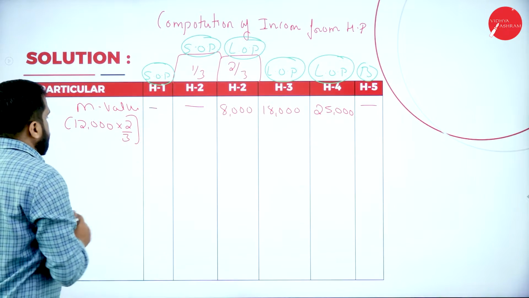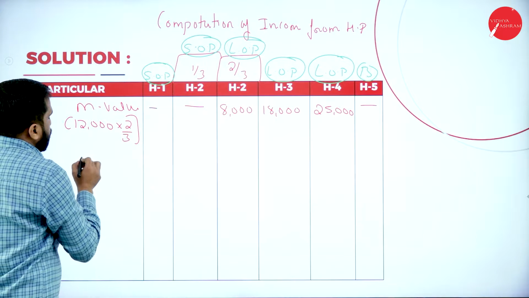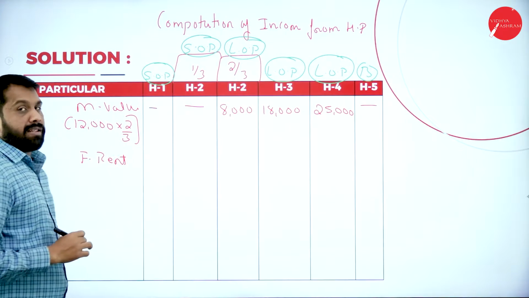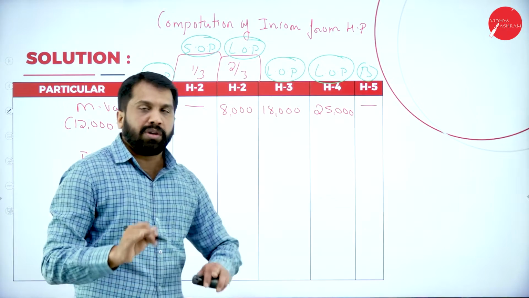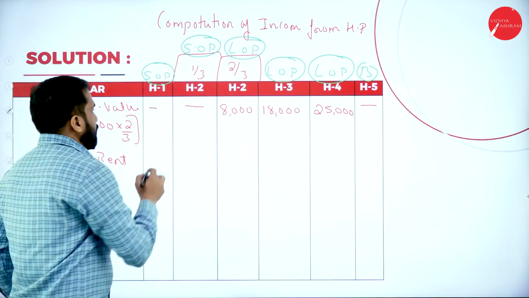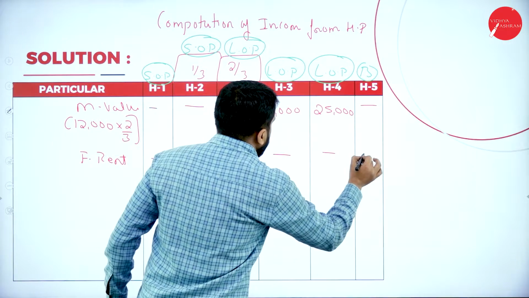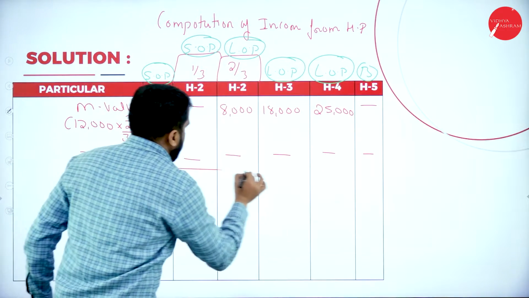Now, after municipal valuation, we have to compare with fair rent. Have they given in the question fair rent? No, they have not given. So it will be nil, nil, nil, nil. So what is your answer?